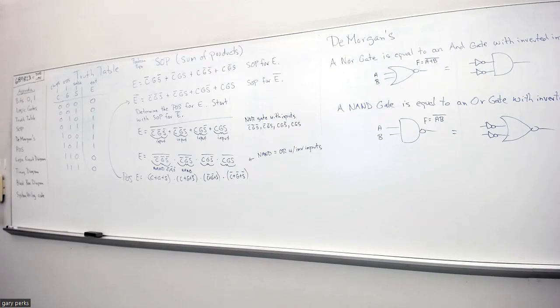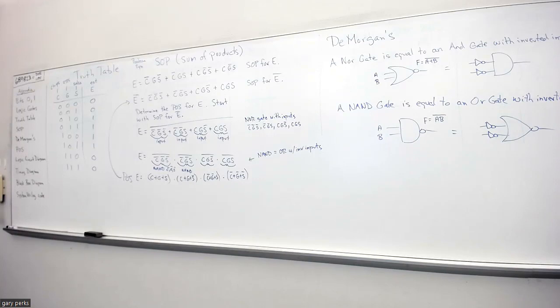Each term has 3 variables, so each AND gate is going to have 3 inputs. Here we'll have not C, G, not S. Here we'll have not C, G, S. Then C, not G, not S. And then C, not G, S.